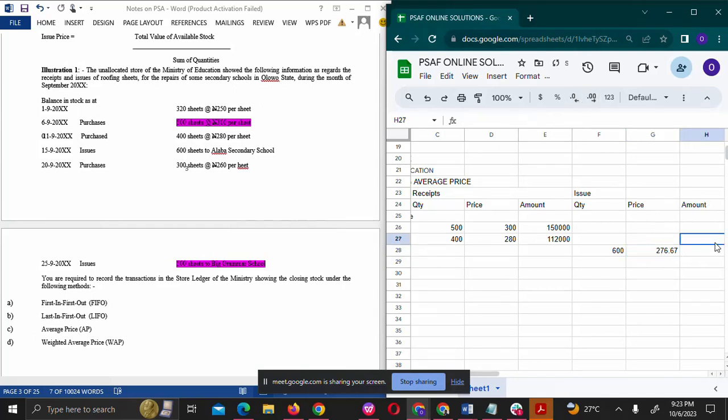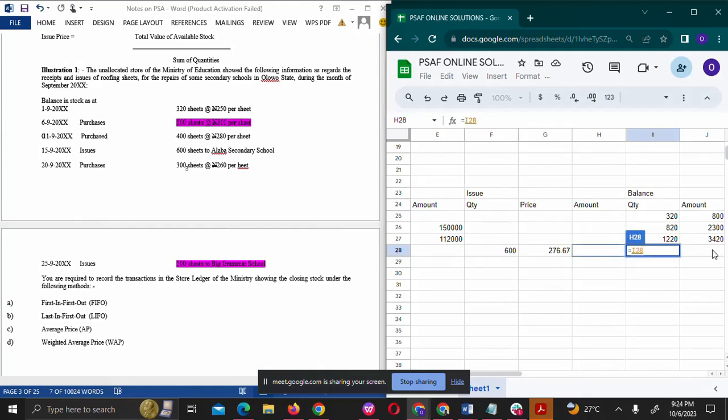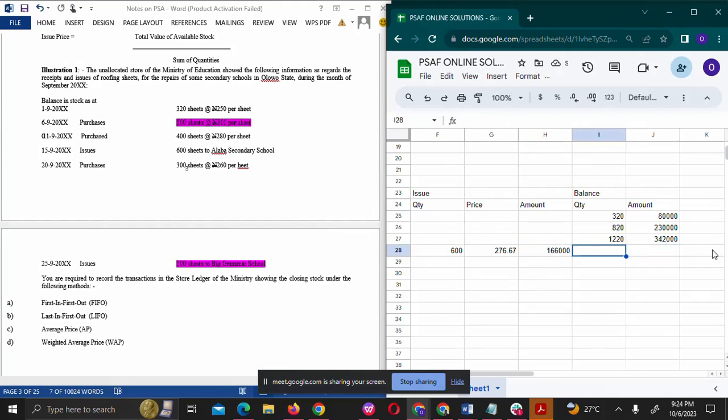So the amount here will now be this times this, right? And so the quantity remaining will be this minus this, and I have this minus this.